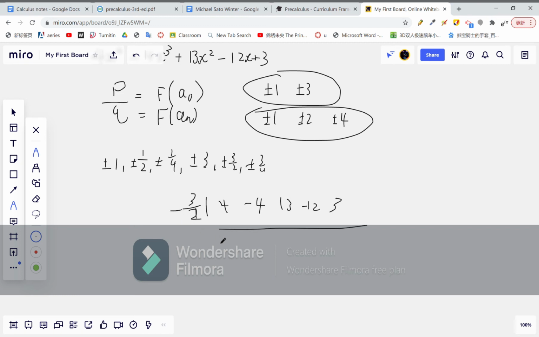Negative 3/4: we get negative 6, negative 10, 28, no, that's not going to work. And we have 3/4 left.